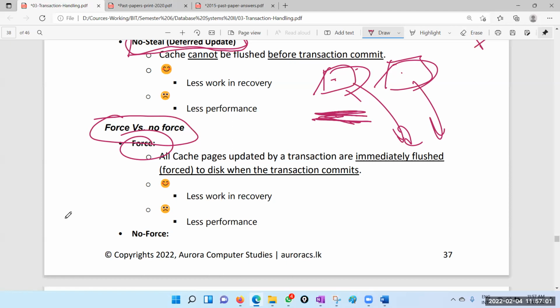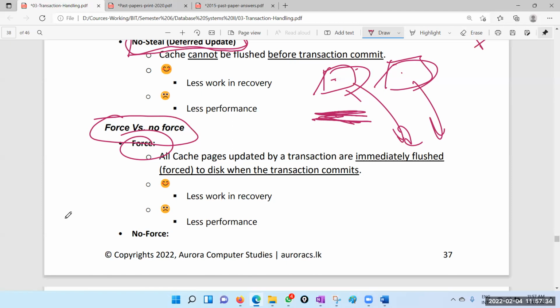But it makes recovery easier because all the committed transactions are reflected in the files. So you can see that these are two conflicting interests. When performance is considered, recovery becomes difficult. If you want to make recovery easier, the overall performance will be less. So force makes recovery easier, but overall performance will be less.